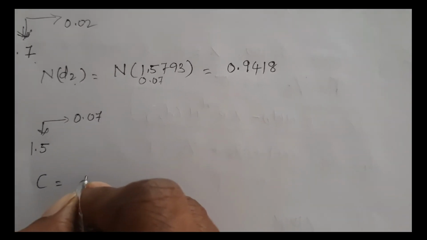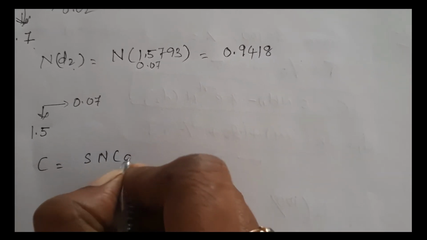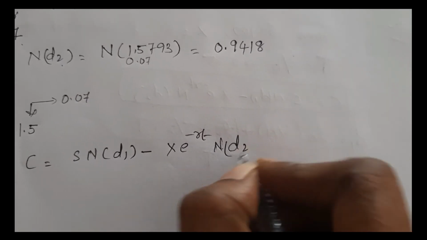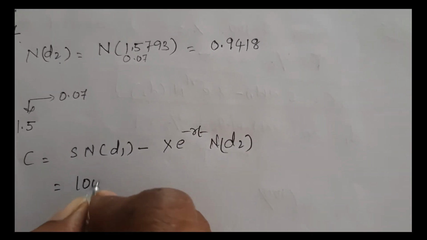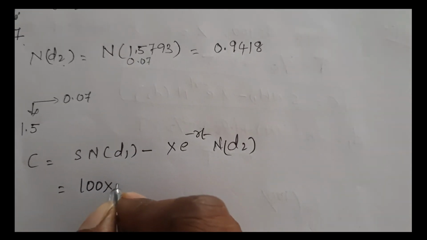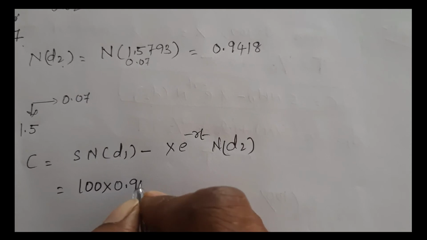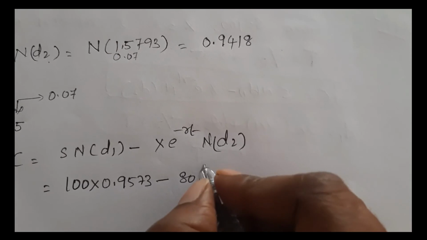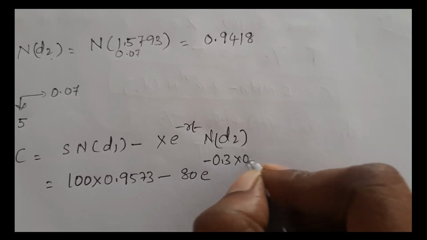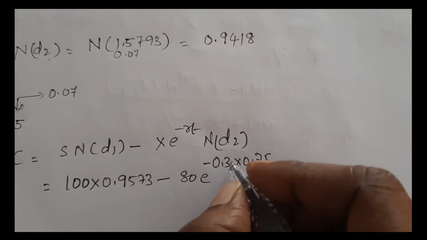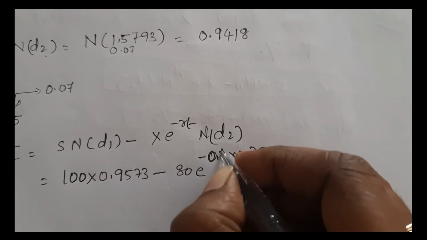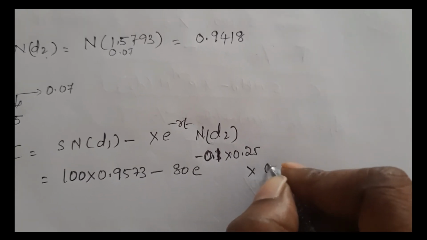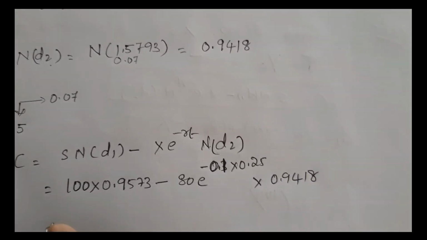Formula is C is equal to S N(d1) minus X e to the power of minus RT N(d2). So S is 100 here into N(d1) is 0.9573 minus X is 80 into e to the power of minus R, sorry, R is 0.1 into T means 0.25 into N(d2) is going to be 0.9418.